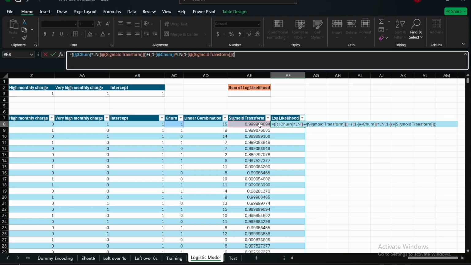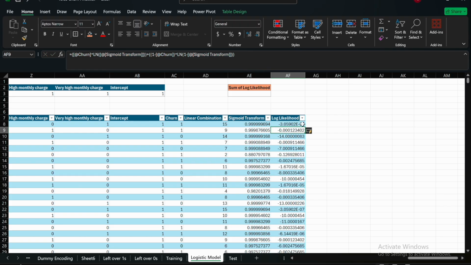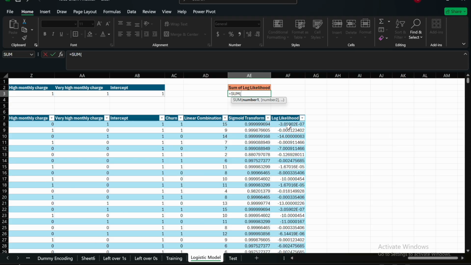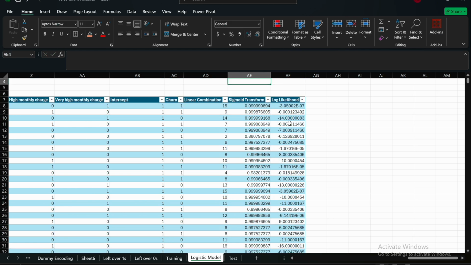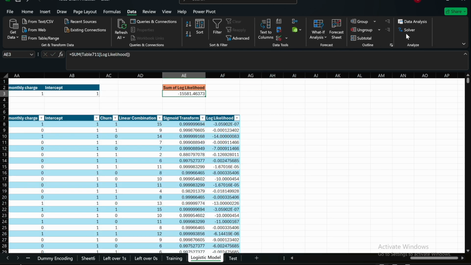Negative values will come for each of the rows, so the sum needs to be maximized. Initially a large sum will appear, but using the solver we optimize this.